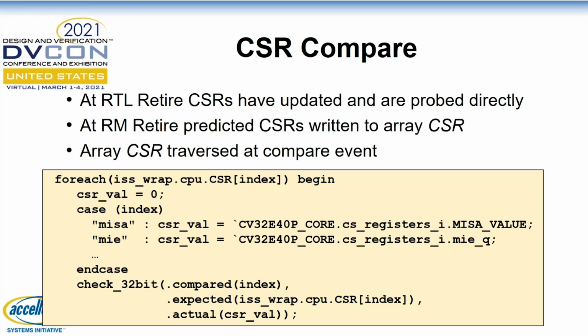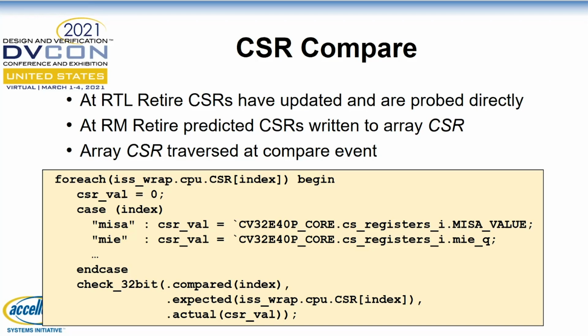This is the code used in the compare function. The array CSR is going to be fully traversed at every call of the function and compared with the relevant RTL CSR values. So we're going to match, using the index, which again is a string, what register we're comparing.